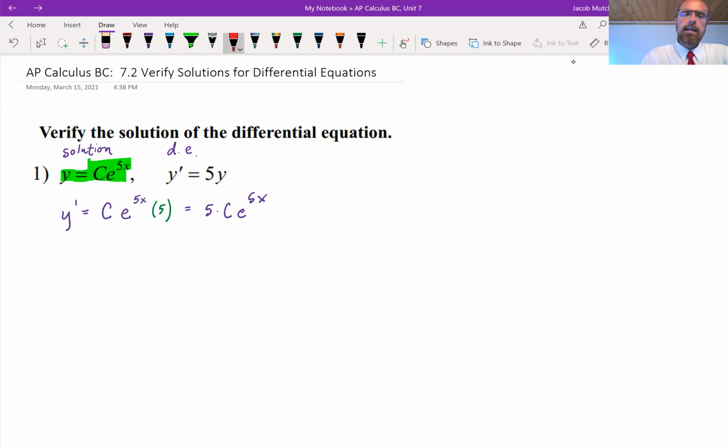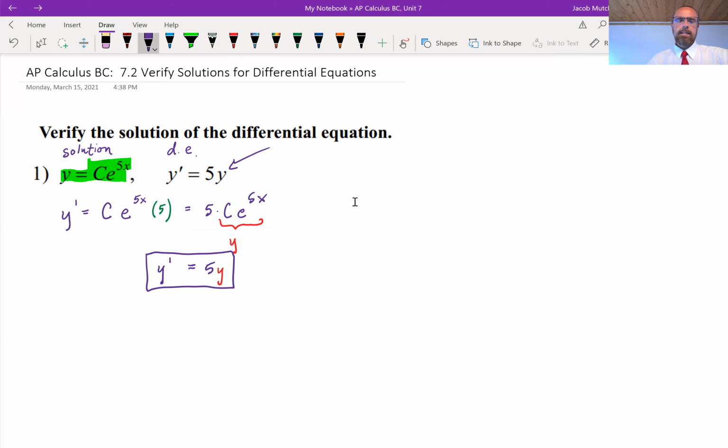Well, I'm seeing that that piece of my derivative is still y. And so in fact, this derivative is going to equal 5y. And if I bring in that initial part, that was finding y prime, that completes my proof, or my verification, that this solution is for that differential equation.